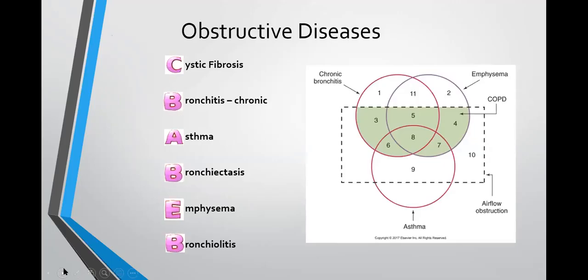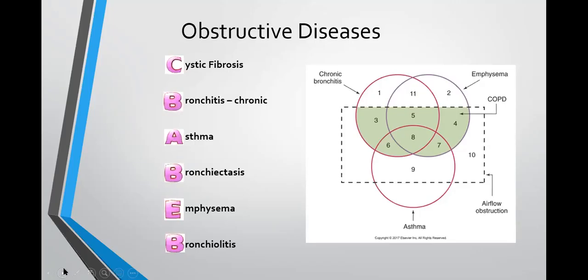All right, the C-babe diseases. Remember I said you got COPD, baby, right? COPD, baby. Cystic fibrosis. B for bronchitis or chronic bronchitis, right? Somebody has it all the time. A for asthma. B for bronchiectasis.